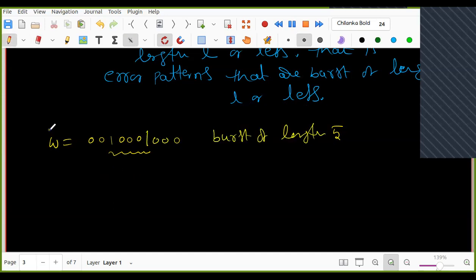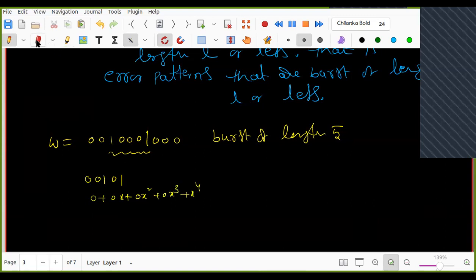X square plus X power 4. So it is actually 0 plus 0x plus x square plus 0x cube plus x power 4.